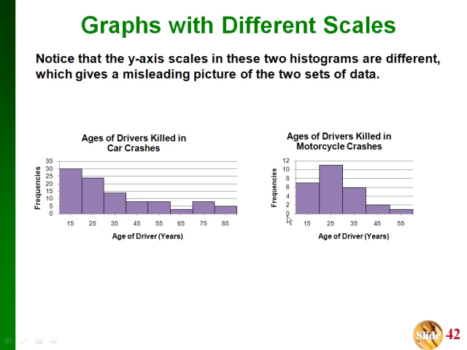And for the motorcycle crashes, it only goes by 2 and it goes up to 12. So if you're just comparing these two without noticing that fact, it looks like there were actually more drivers killed in motorcycle crashes that were in this second class than there were in any of the classes for the car drivers. But that's not actually the case.